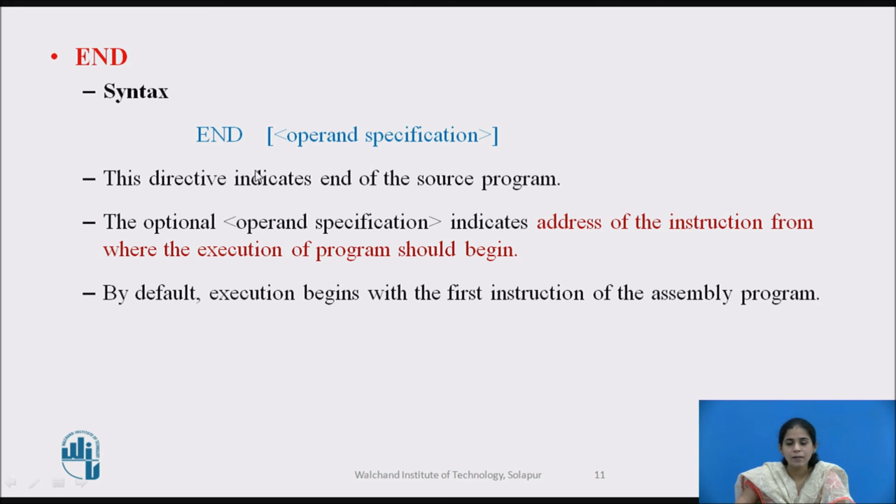If you specify the operand specification, it indicates the address of the instruction from where the execution of the program should begin. By default, the execution begins with the first instruction of the assembly program.